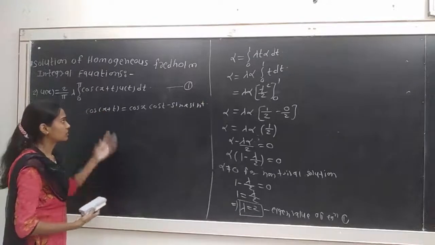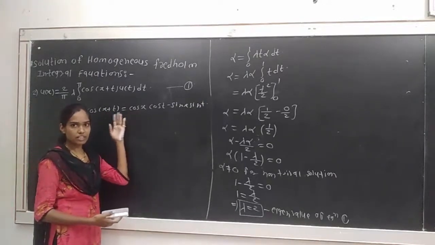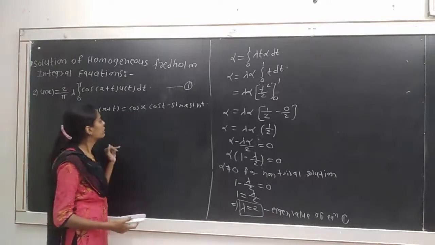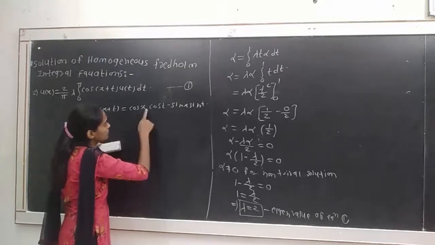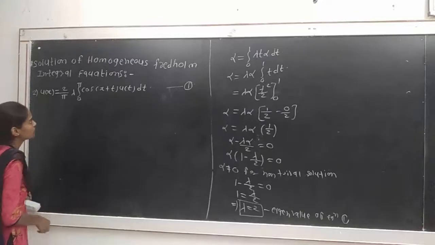In this way, if we split this kernel, cos(x+t) is a separable kernel, because we separate its terms. We solve by using the direct computation method.